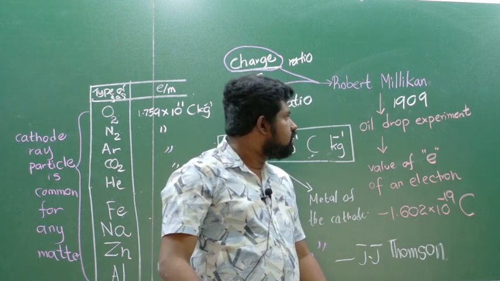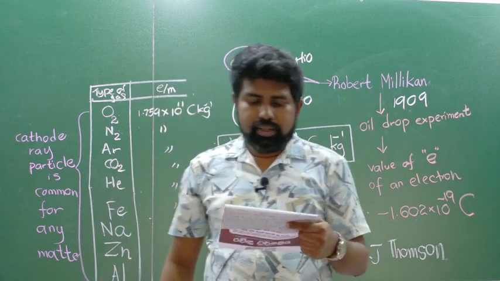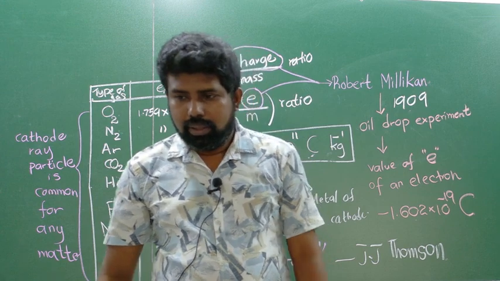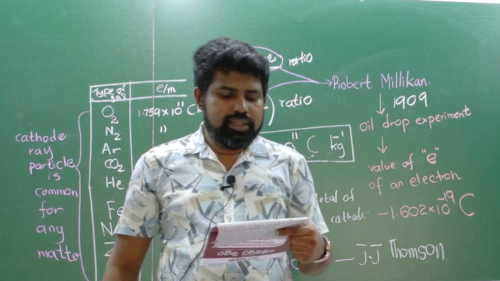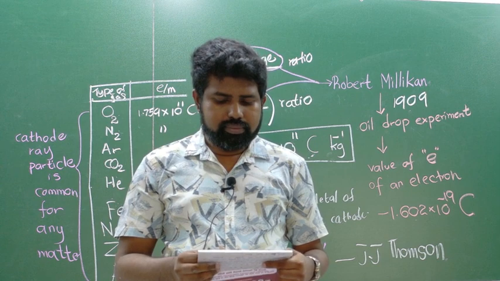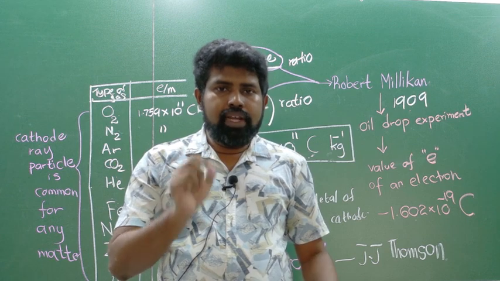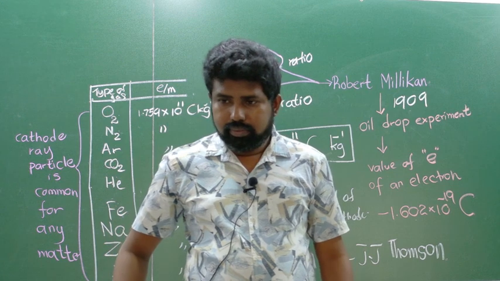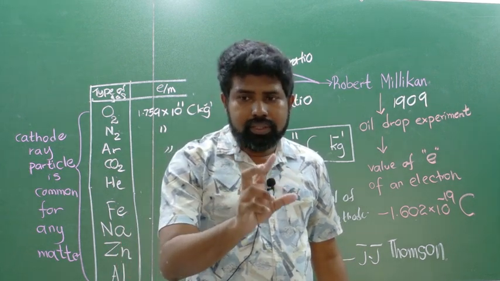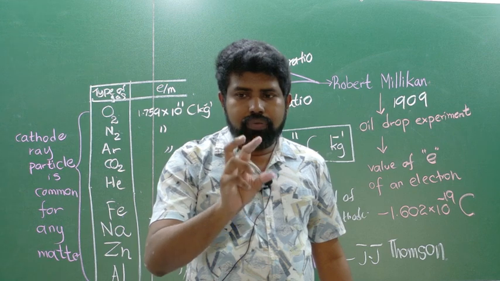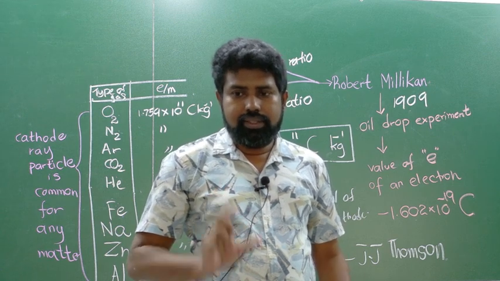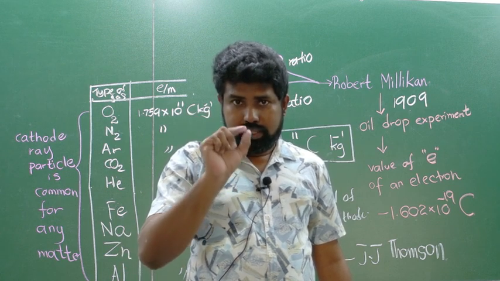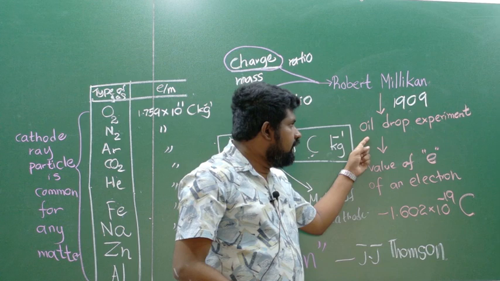In 1909, in red pen write this: Robert Millikan discovered a numerical value for the charge of an electron using his oil drop experiment.